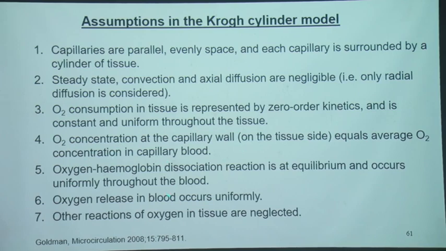And then there are other assumptions. For example, the oxygen-hemoglobin dissociation reaction is at equilibrium, and oxygen release in blood occurs uniformly. Again, this does not happen in reality. Oxygen can also react with other species, and that has been ignored. However, these provide some fundamental tools for us to analyze oxygen transport and consumption in tissues.